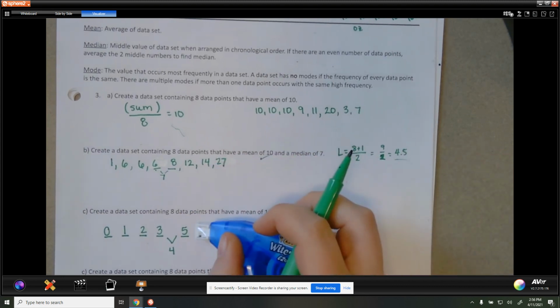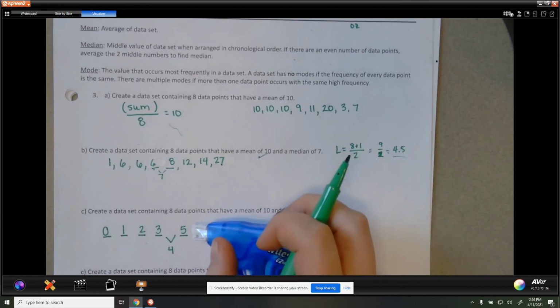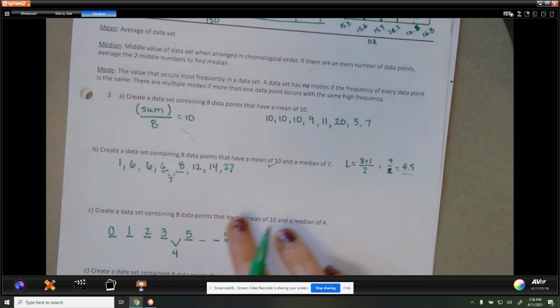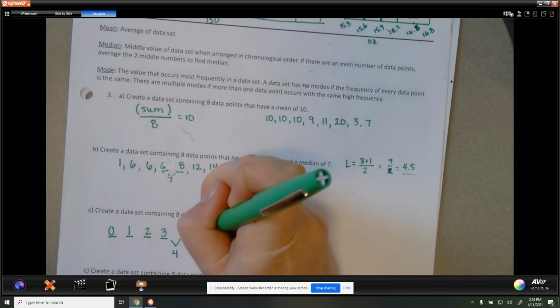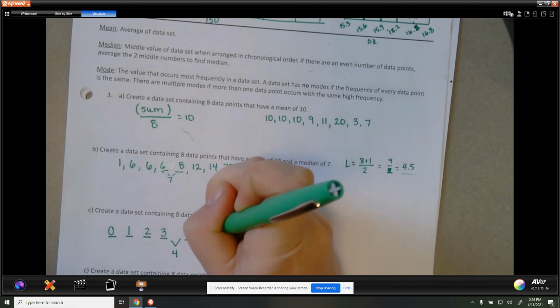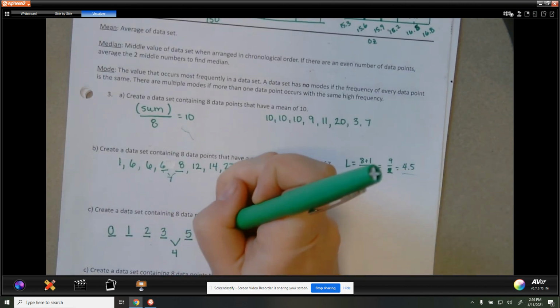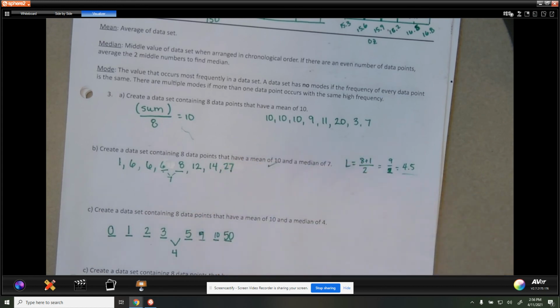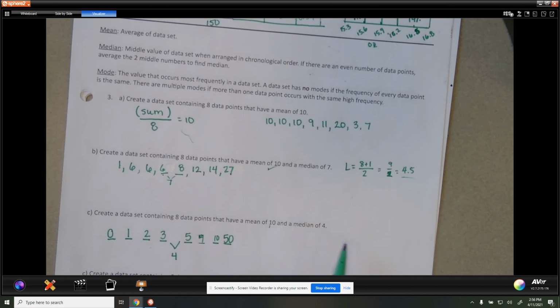Actually, sorry, 9 and 10. That would be a fine way to do this. Okay, so again, my total is still going to add up to 80 so that I can divide by the 8 data points to get a mean of 10. And the median is still smack dab in the middle here at 4. Okay.